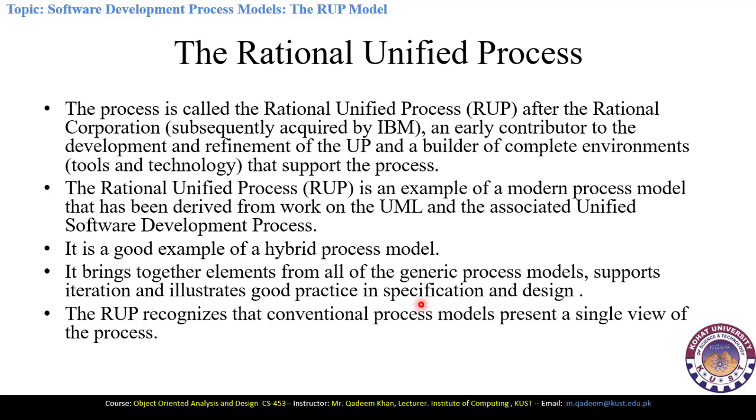So unified process model help us to specify the requirements of the products, and also it helps us to create meaningful designs which will later be converted into the practical code. So from the designs we create direct code as well, and that code must be free of different faults and errors. So rational unified process models is a conventional process model, but it presents a single view of the process as well.